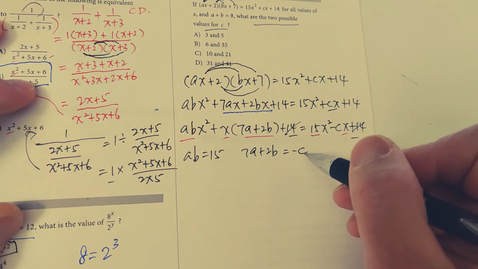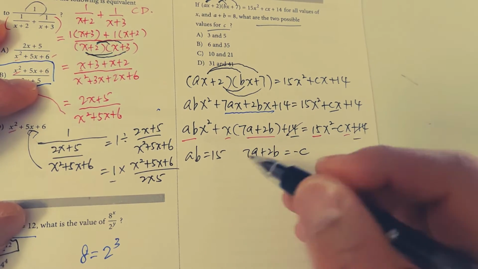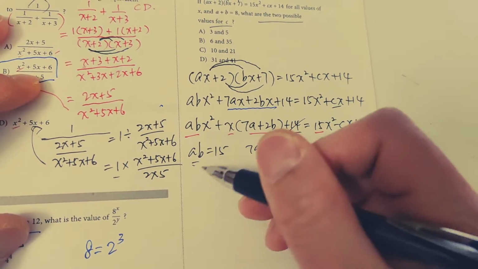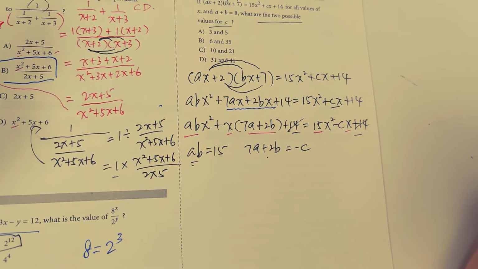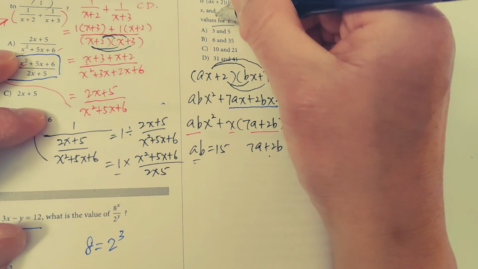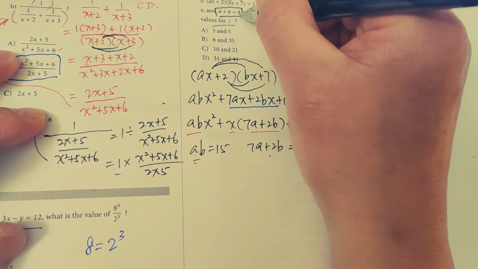If you want to know the value of c, you've got to know the value of a and b. So let's take a look at this AB. The possible factors for 15 would be 3 and 5, 1 and 15. But it says a plus b is 8, right?